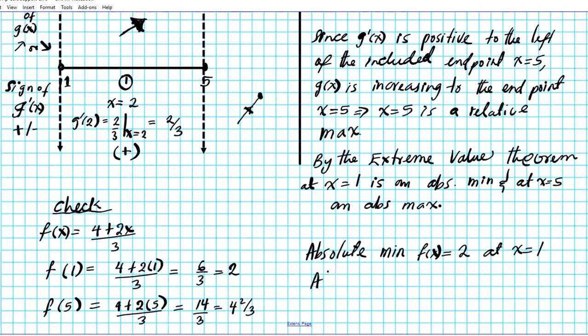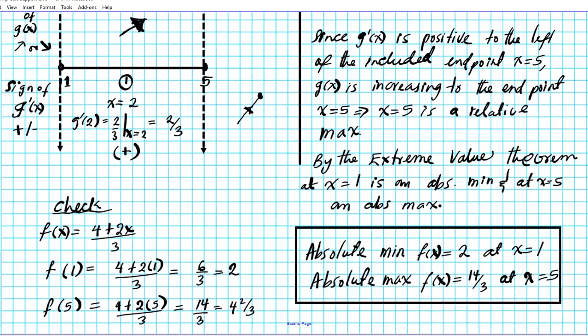And we have an absolute maximum value, f of x equals 14 over 3, or you can use 4 and 2/3. And that happens at x equals 5. So these are our absolute extrema for the function provided in the original question.